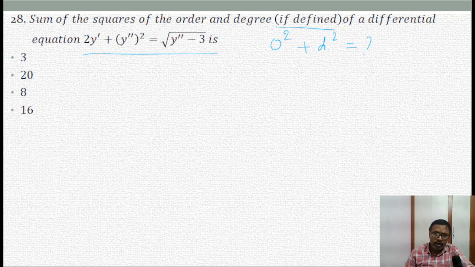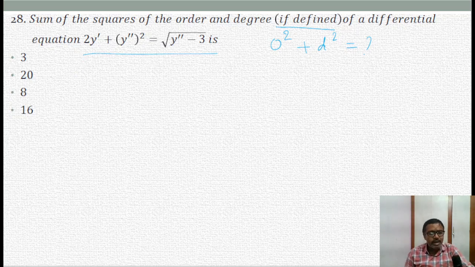It is not a polynomial function by looking at the equation, because root is there, but we can eliminate the root by squaring on both sides, so that we can convert it into a polynomial function in y dash. Once you convert this into a polynomial function in y dash, we know that degree is also defined. Anyhow, order is defined for any equation, whether it is a polynomial in y dash or not. So let us square it up on both sides.